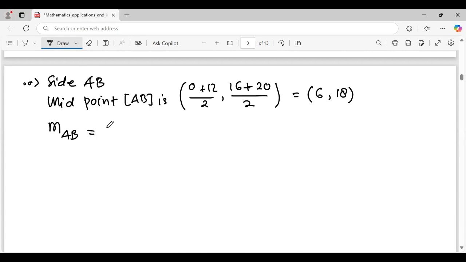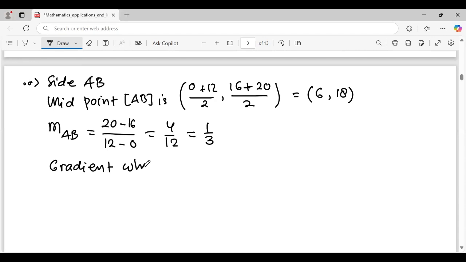And next, the gradient AB. The gradient AB is 20 minus 16 over 12 minus 0, y over x, 4 over 12, 1/3. This is the gradient AB. Next, we find the gradient perpendicular to AB.